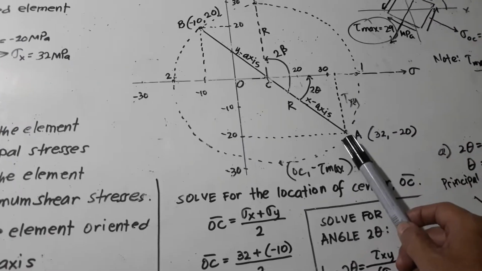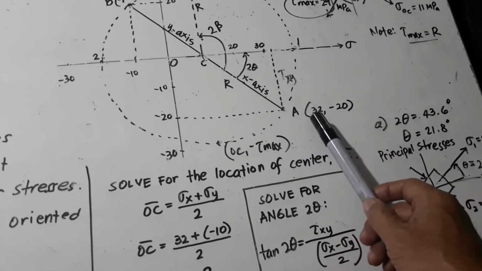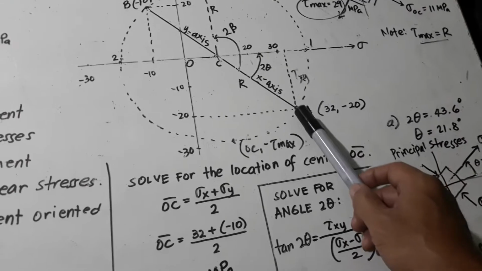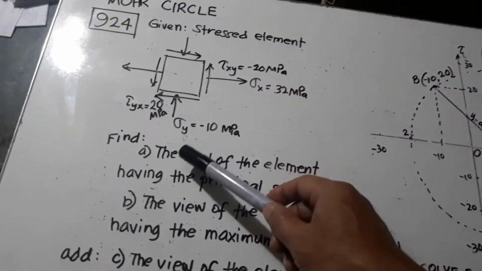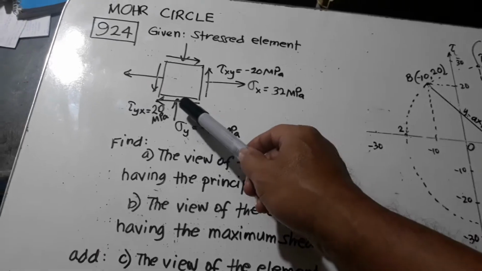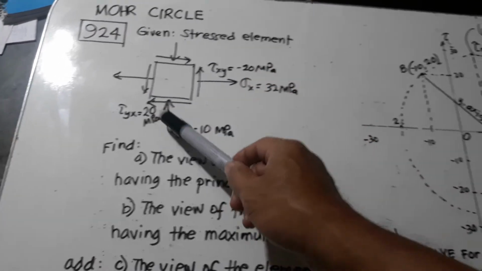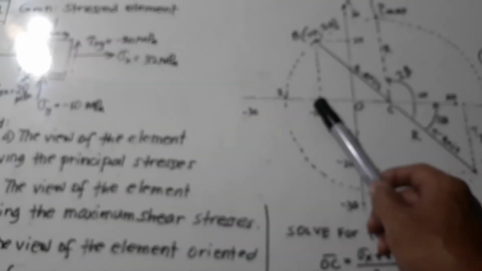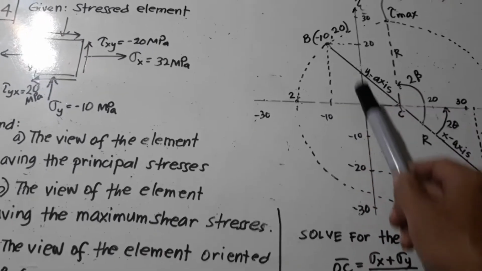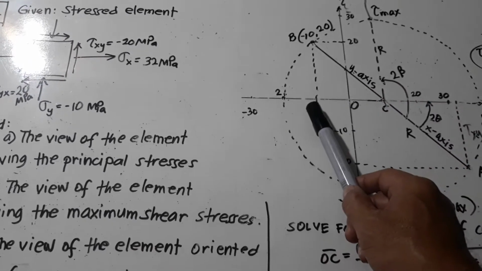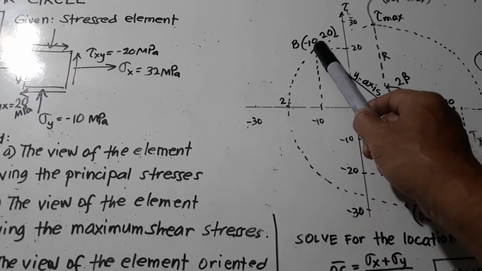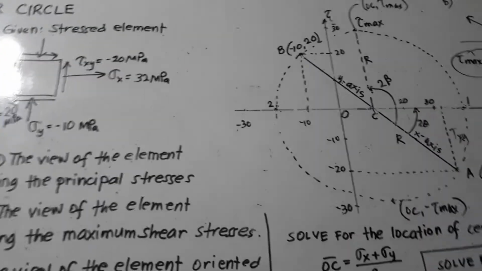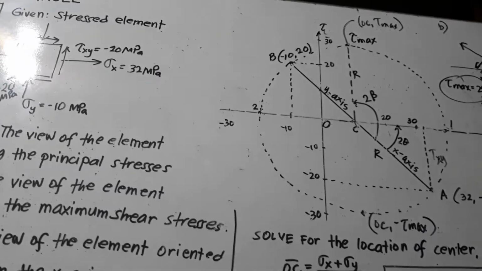The coordinate of point A is 32, negative 20, while on the y-axis the stresses are negative 10 with a clockwise shearing of 20. So point B is located by moving negative 10, then upward 20. The coordinate of point B is negative 10 and 20.